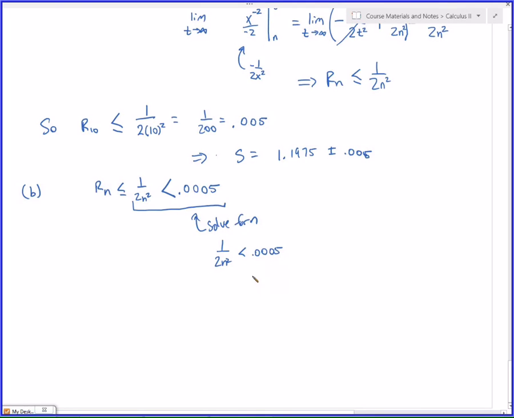So what I would do is divide both sides by 0.0005, and maybe multiply both sides by n squared.